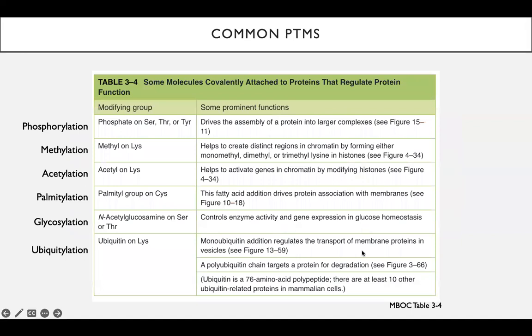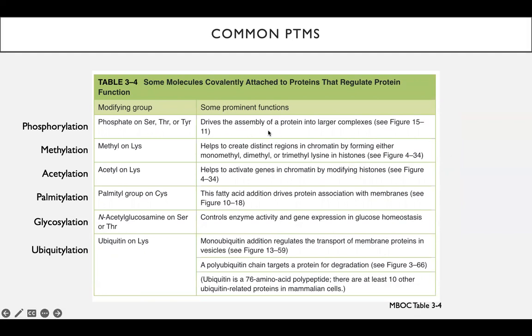So this table from Molecular Biology of the Cell again covers those same common protein post-translational modifications that I'm making slides of at the very end of this pre-work video. And what's highlighted in here is how these common PTMs can alter protein characteristics or function.